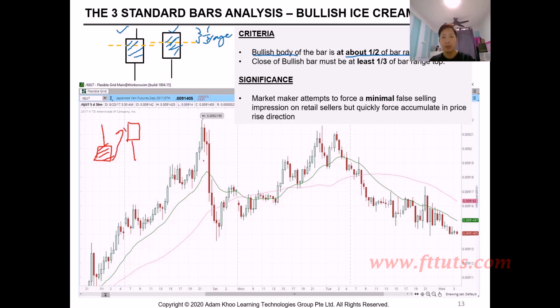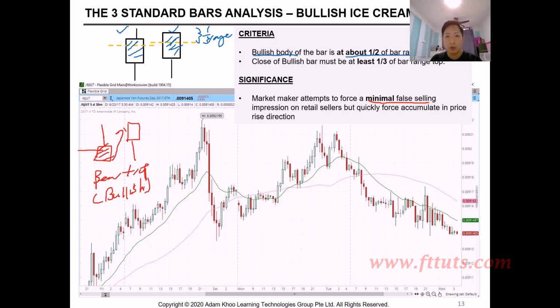So there was an attempt of a forced selling impression. And of course, if this happens at a key LP level, it would be a form of rejection, what we call a bear trap, which is bullish to us as traders.